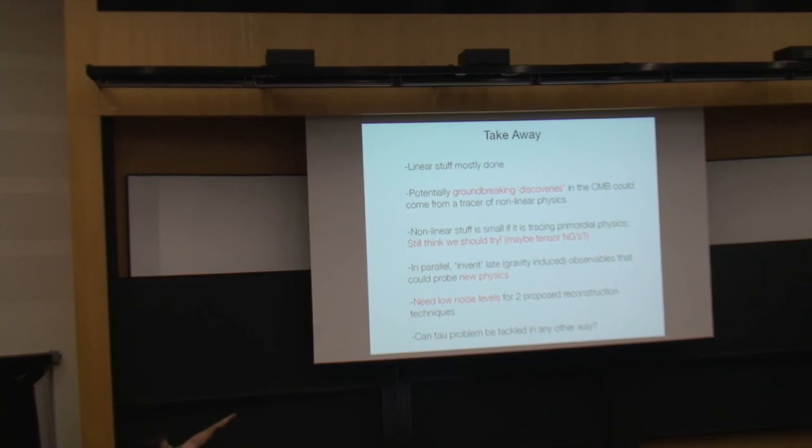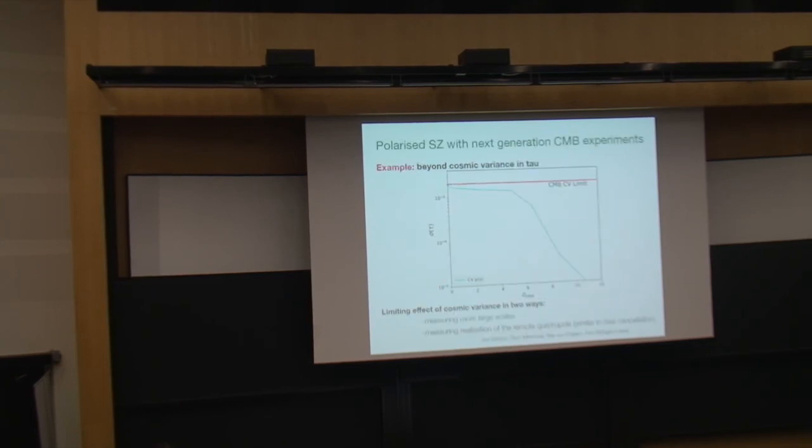That being said, we still have this issue: we haven't resolved the issue that we were aiming for, getting to tau in any array. So just to tease you with an idea, based on work in collaboration with Joel, Alex, and Nick, and also discussed yesterday by Matt, you can use polarized SZ to get rid of cosmic variance.